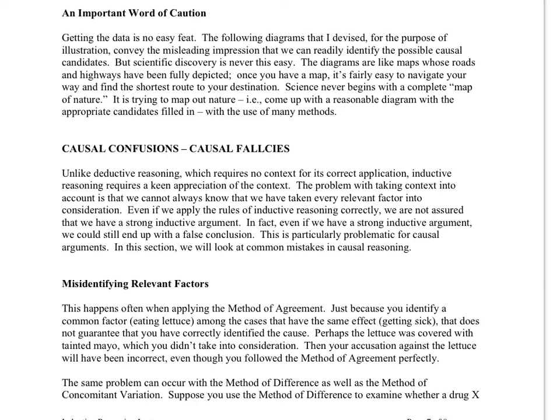Because there are so many variables involved, and it's really hard to weed out the relevant variables from the irrelevant ones. So that's basically what this word of caution is for, that getting the data is not easy. It's going to take a lot of time, and scientific discovery is a slow process.